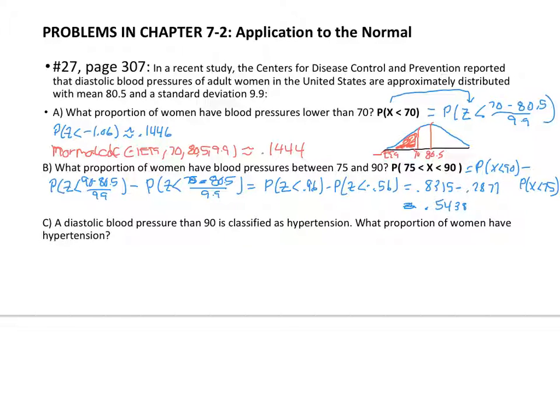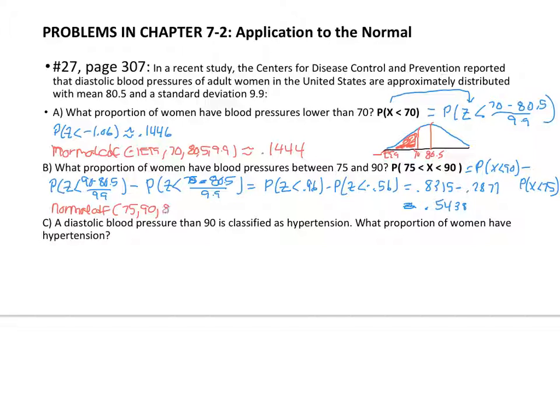Again, if we did this using the calculator, we would go to second vars and use normal CDF, and this time the lower bound is 75 and the upper bound is 90.